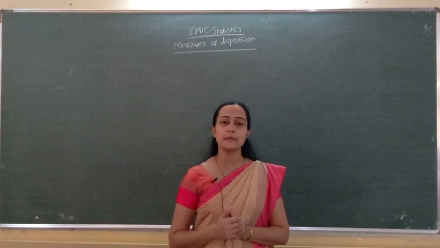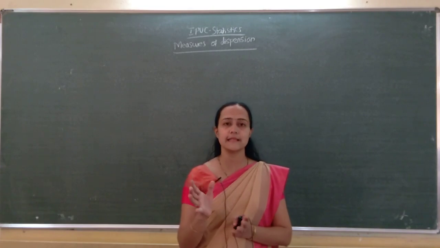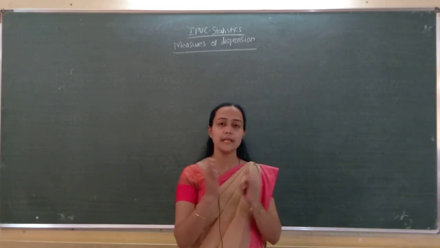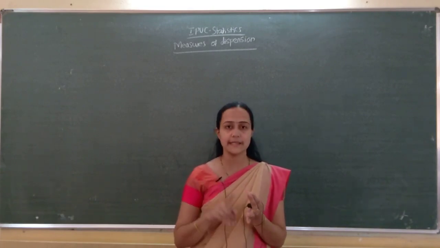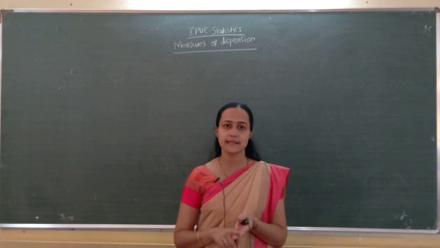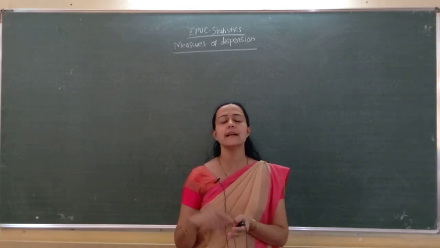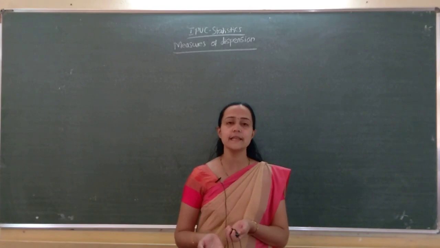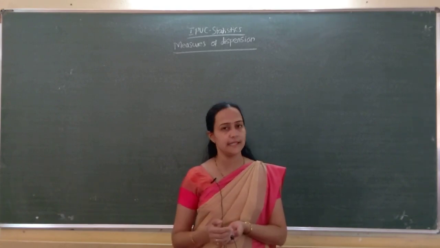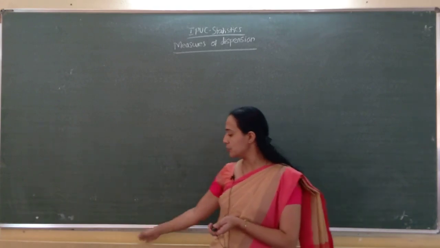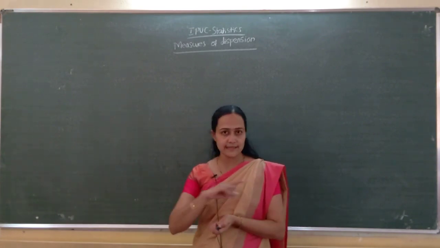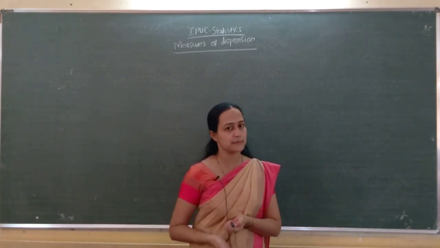In today's problem everything is given: for firm A and firm B, the standard deviation, x bar, and number of observations are given. So we just find CV and compare the variations. This is the last portion of measures of dispersion.